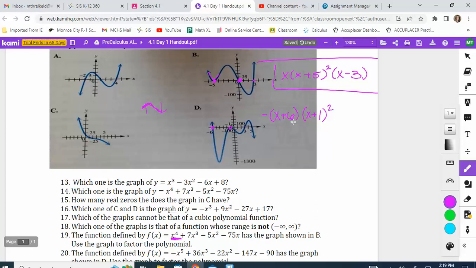Next place we hit, it does hit at 5 and also at 3. Both of those just went through, so neither of those get a square. So that's just using the graph to factor our polynomial.